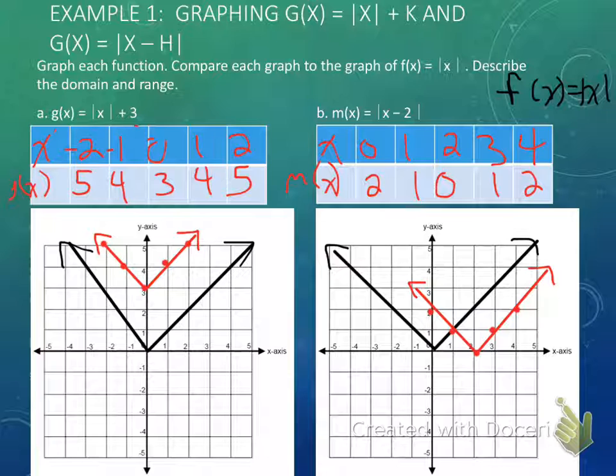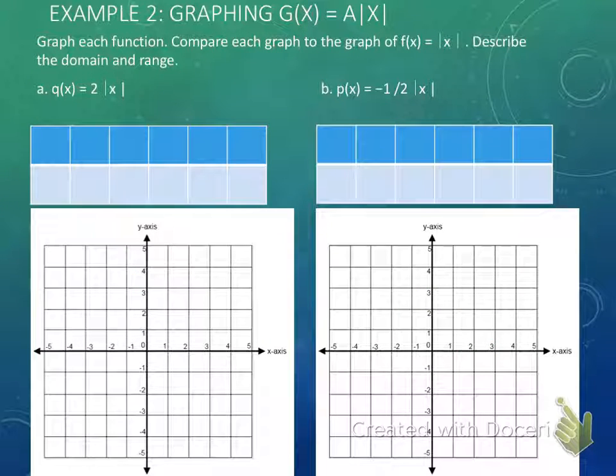So let's try example 2 here. Now we're going to multiply that absolute value by something. Again, I'm going to show you what that parent, that original f of x, looks like, so that we can compare it to what the new graph ends up looking like.